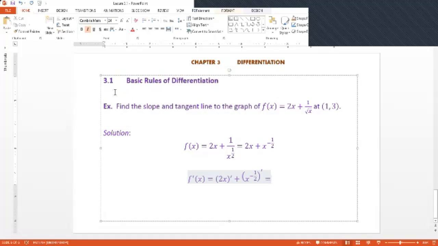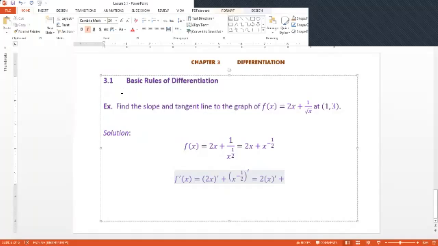Now we can take out the constant 2 from the first term and then multiply by the derivative of x. That's the first term, and then the second term is a power function, x to the negative half. So that's a power function with the power negative half. According to the power rule, the derivative of a power function x to the n is n times x to the n minus 1.